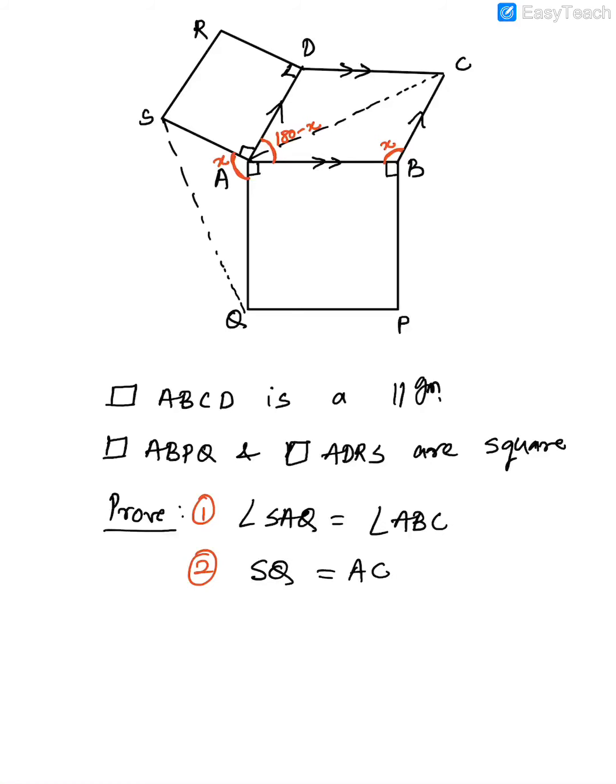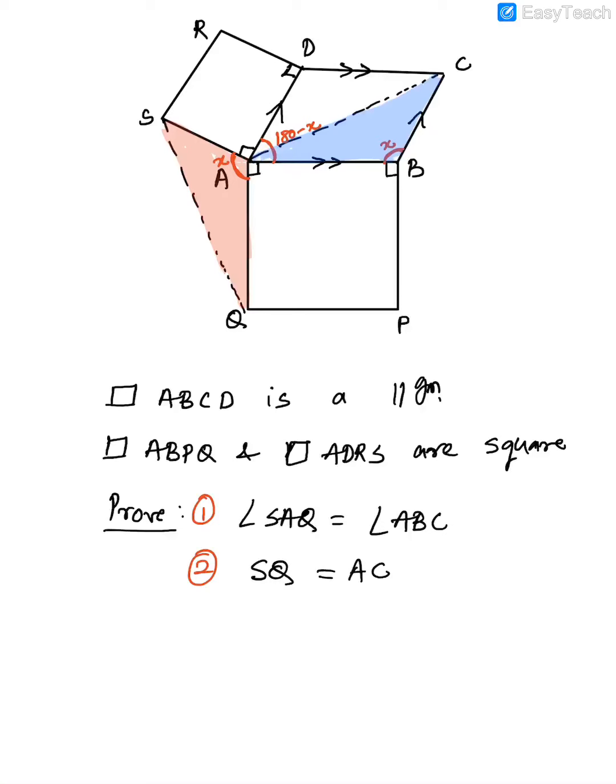You'll have to prove that these two triangles are congruent. So which two triangles? Look, this is your triangle number 1 here. This is your one triangle here, and your second triangle is out here, this one. So these are your two triangles which we are going to prove congruent.